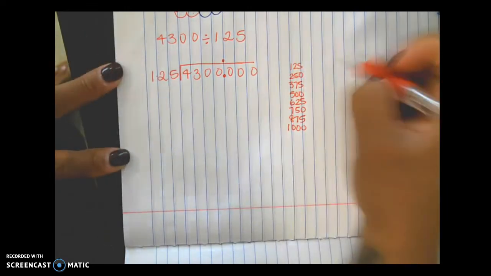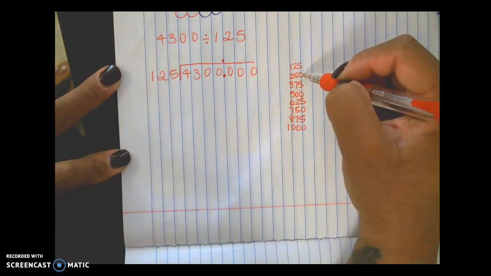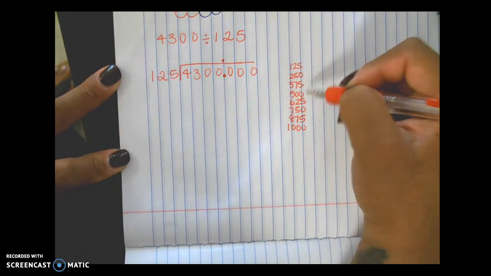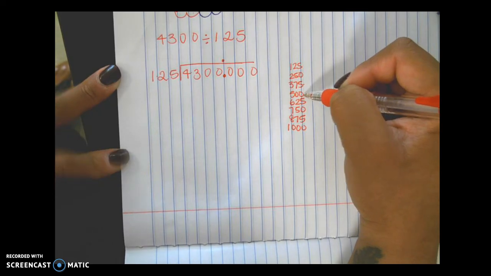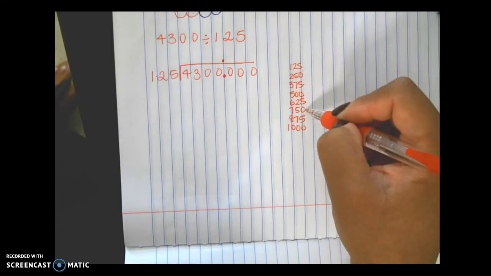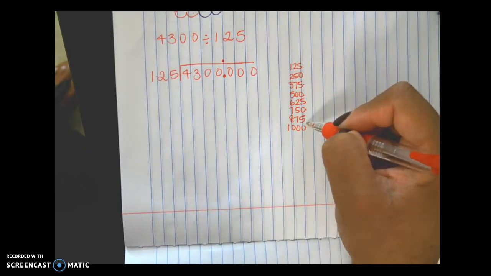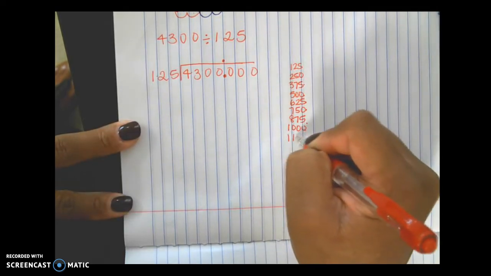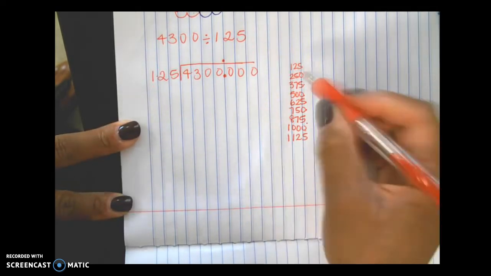Double check. 125 plus 125 is 250, plus another 125 is 375, plus another 125 is 500, plus another 125, plus another 125, plus another 125, plus another 125. 1,125. 1, 2, 3, 4, 5, 6, 7, 8, 9.